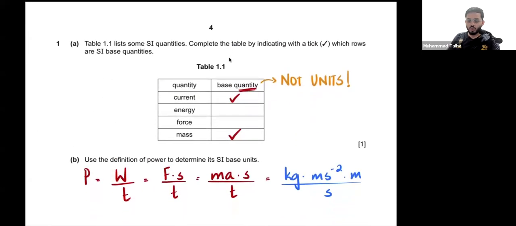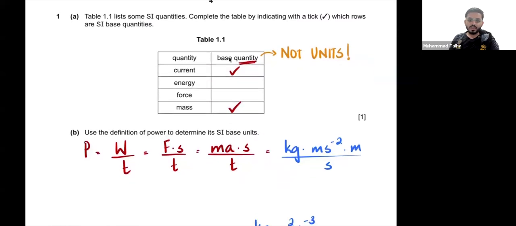All right, so 1A, table 1.1 lists some SI quantities, and you have to complete the table by indicating with a tick which ones are SI base quantities. So do take care that these are not units, these are quantities that you need to indicate. So current is a base quantity, energy is not a base quantity, force is not a base quantity, mass is a base quantity, right?